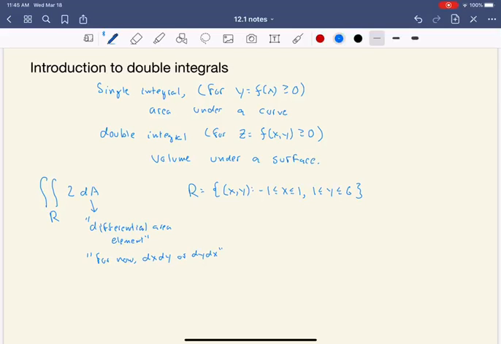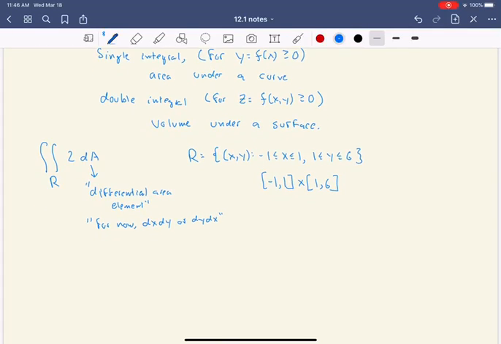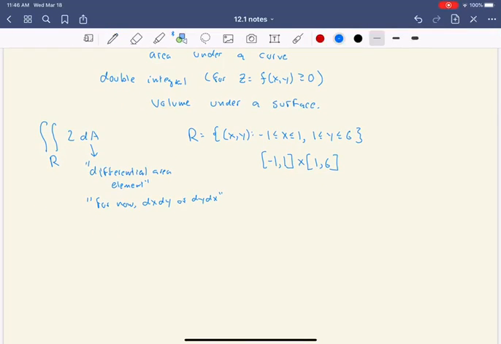You might see me write this, or you might see this written as -1 to 1, cross, 1 to 6. That's another way to write that. So, first thing we're going to do, we're going to interpret this as a volume.